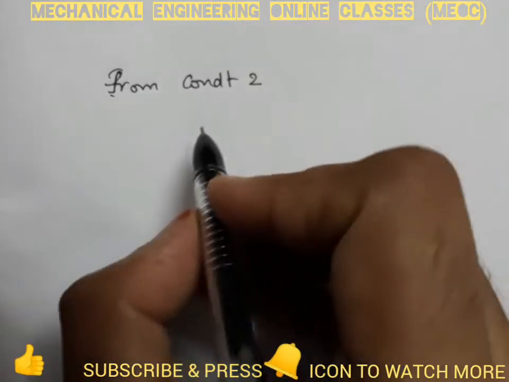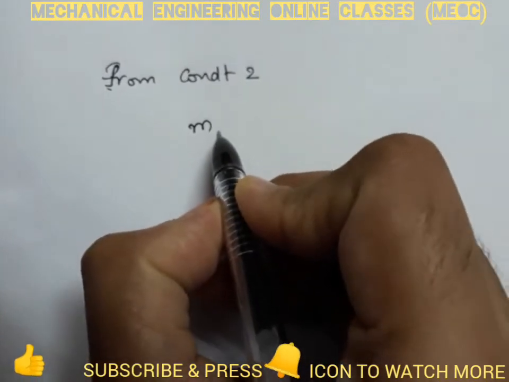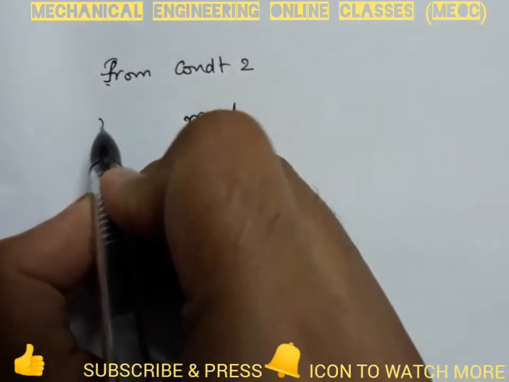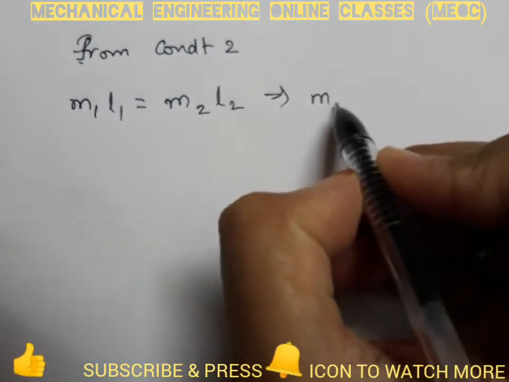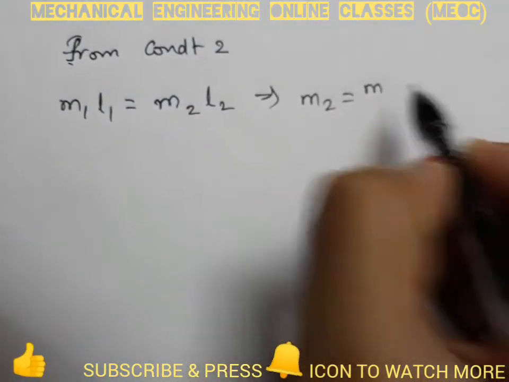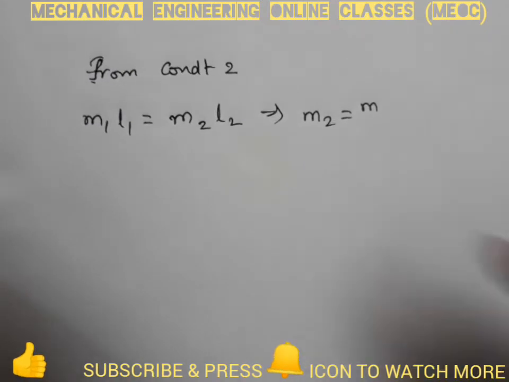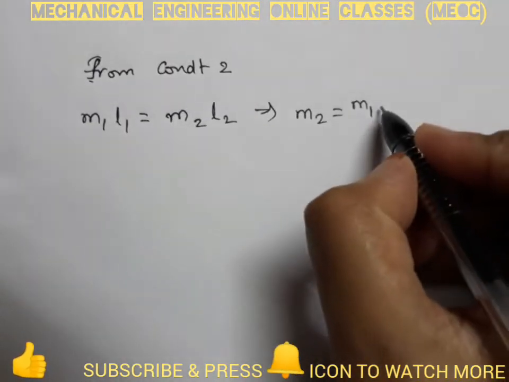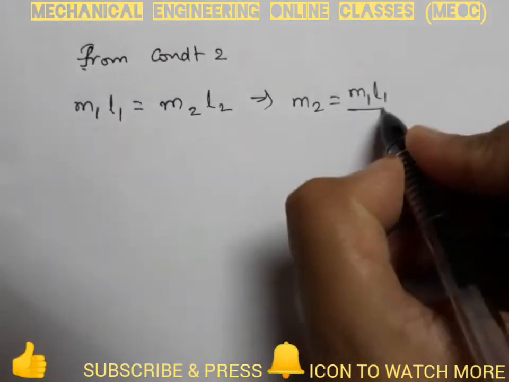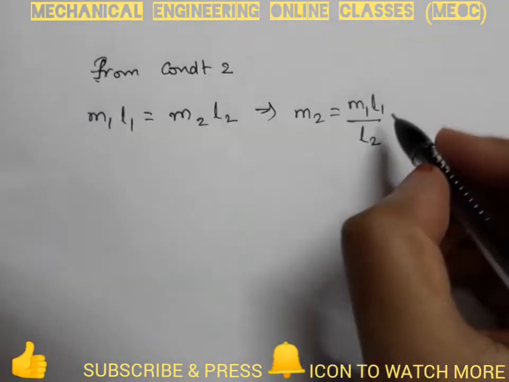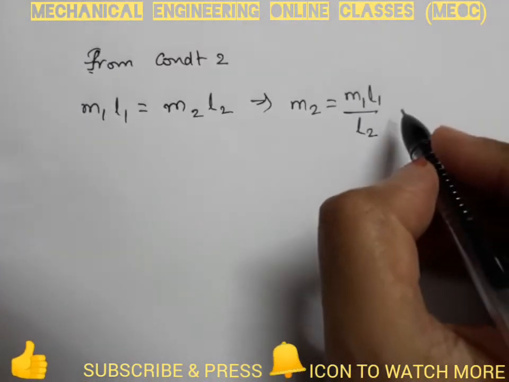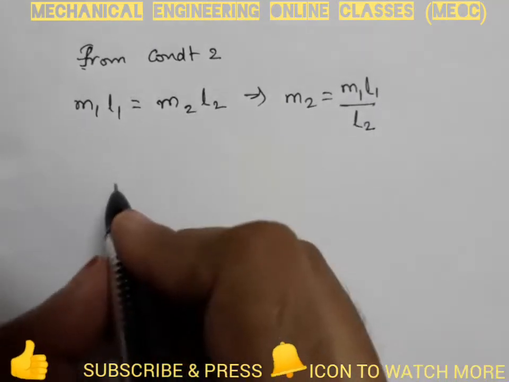From condition number 2, we know that M2L2 is equal to M1L1. So from here we can write M2 as M1L1 by L2. Substitute this expression of M2 in condition number 1.